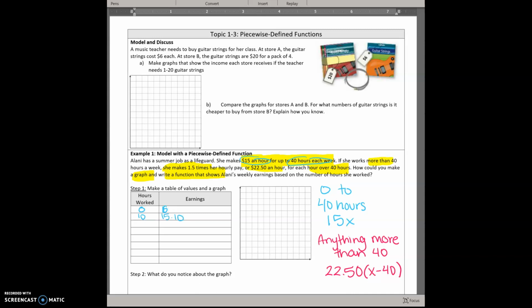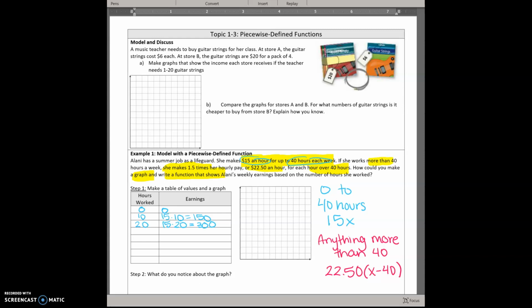I'm going to erase the dollar sign because it just doesn't look very nice in there. So she would make 150. What about 20? Well, again, it's under the 40, so it's going to be 15 times 20. So 300.